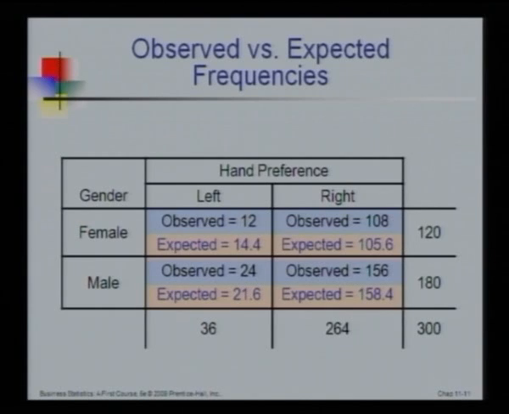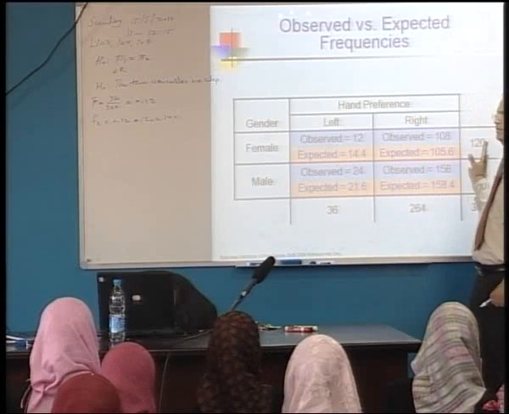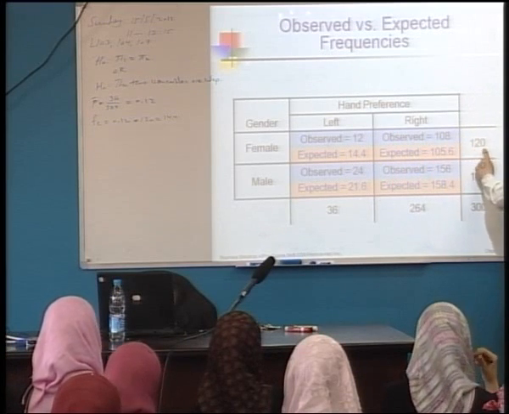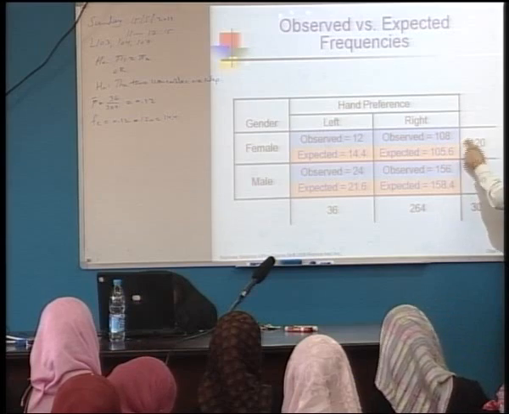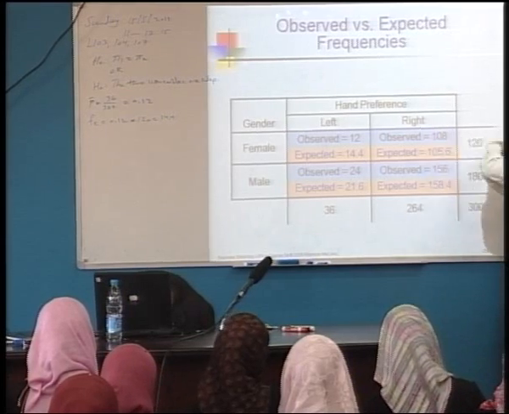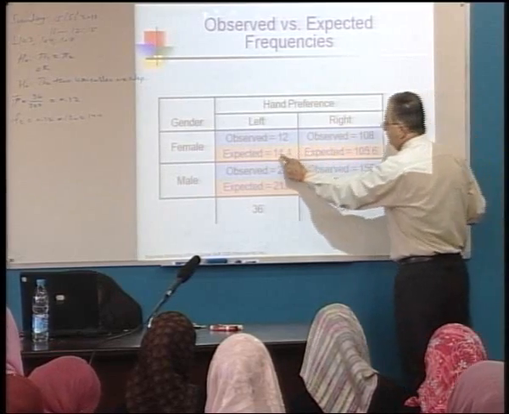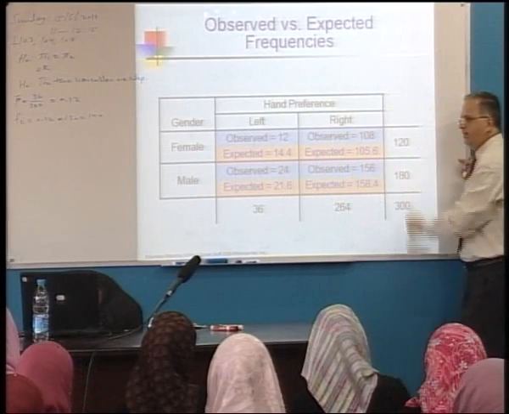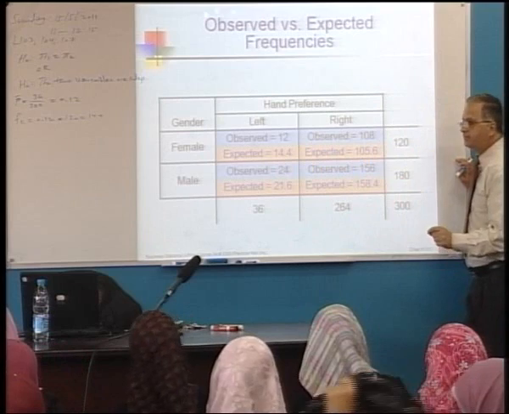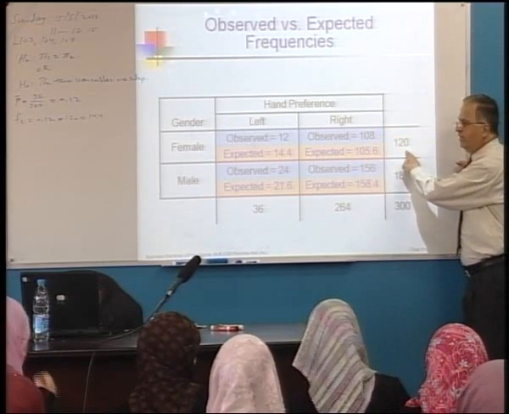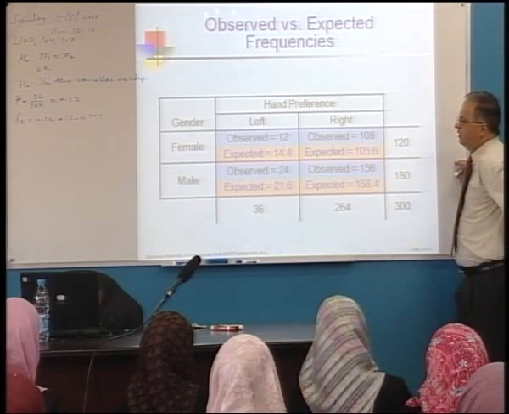Now, since you computed the expected for the first cell, the second one is just the complement. 120 is the sample size for the row. I mean, the female total 120 minus 14.4 will give 105.6. Or 0.88 times 120 will give the same value.